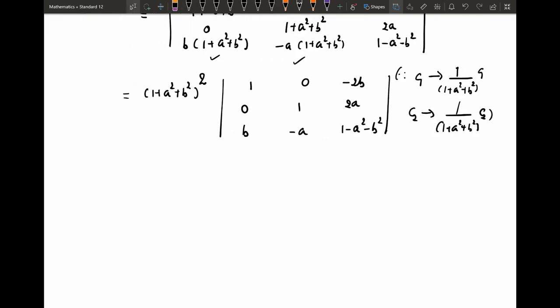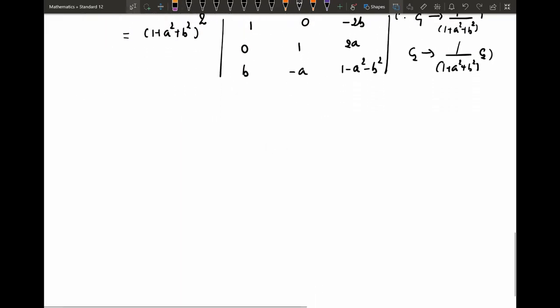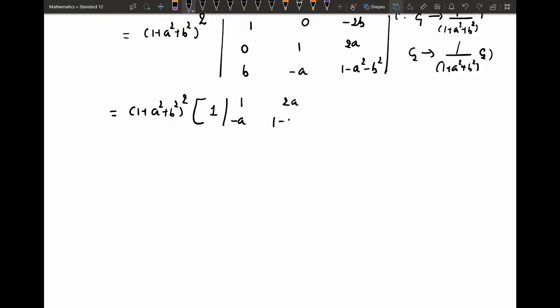Now let us expand this determinant. So 1 plus a square plus b square, now 1 into 1 2a minus a, second entry is 0, so no need to check that, minus 2b into 2 by 2 determinant 0 1 b minus a.